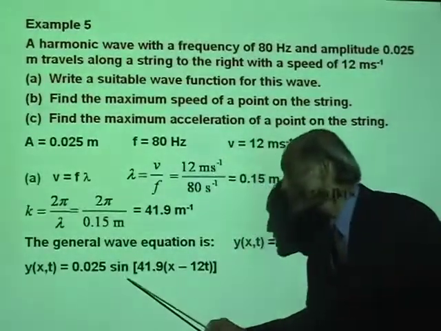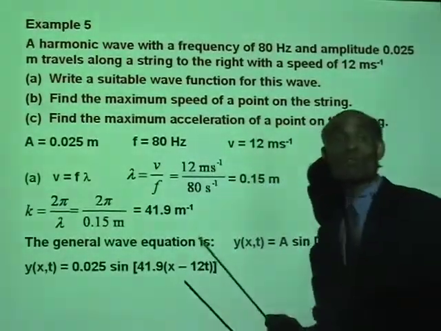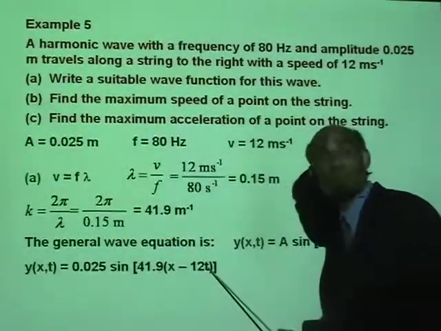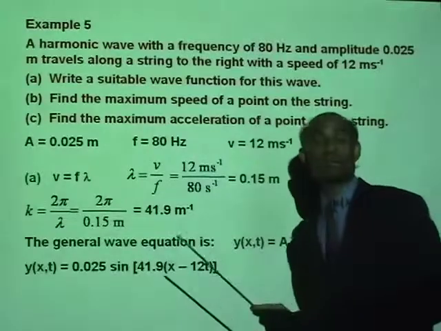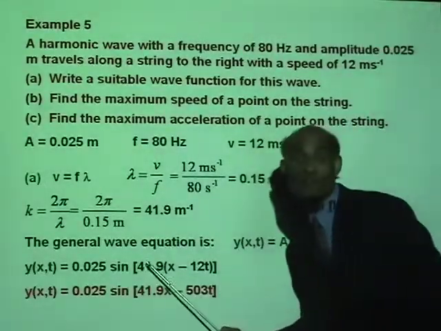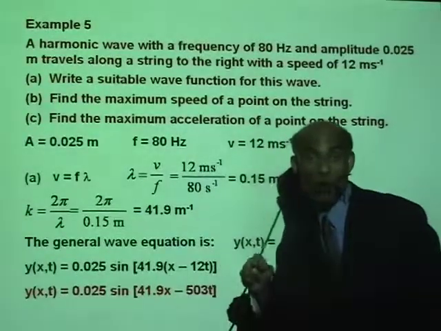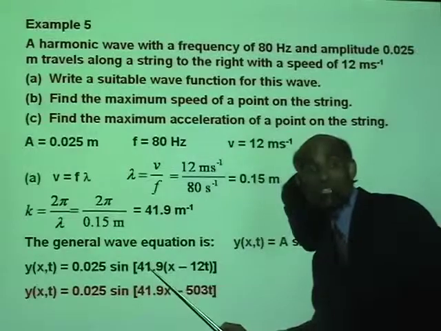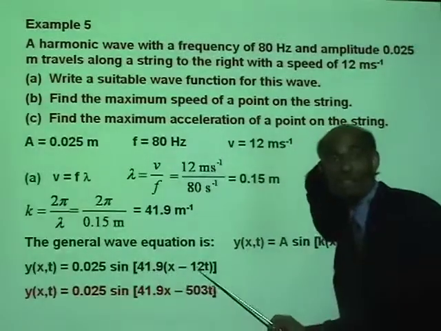So this is the general equation for the wave that is advancing to the right with a speed of 12 meters per second. Or, if you want to write that in the form kx minus omega t, all you need to do is distribute that 41.9.